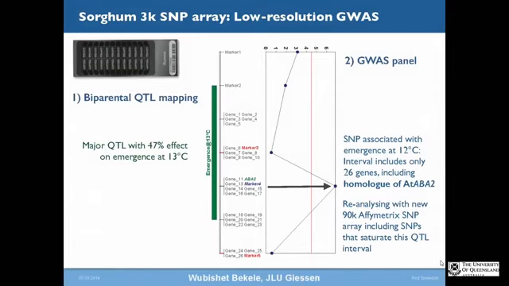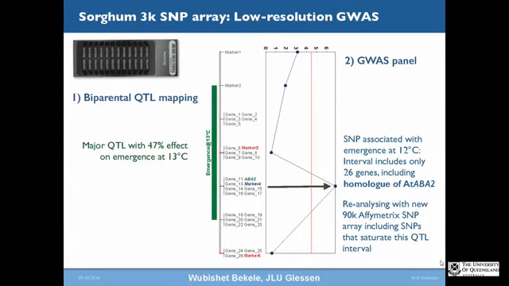In this case, for example, just taking one of these interesting QTL that we found in a biparental cross, we can also map the same trait or a related trait in a diversity panel, and we can get a relatively high resolution. This is not a really high density SNP array that we've used, but we get a pretty high density resolution which narrows it down to a few genes, in this case 26 genes, including a homologue of a gene which we might think could be involved in a trait like cold tolerance or even a general abiotic stress response.